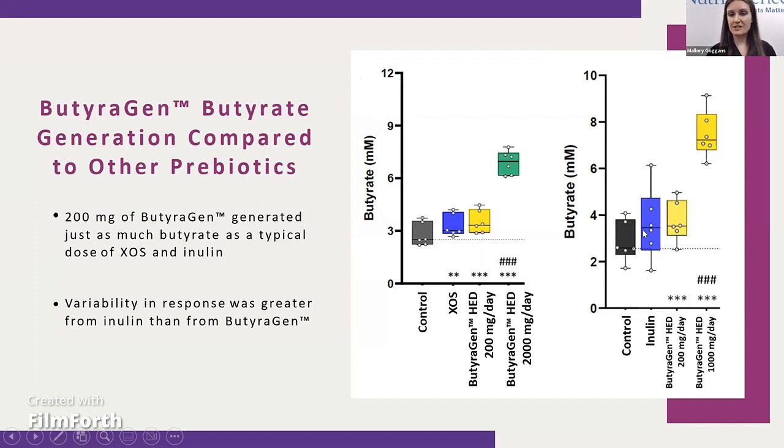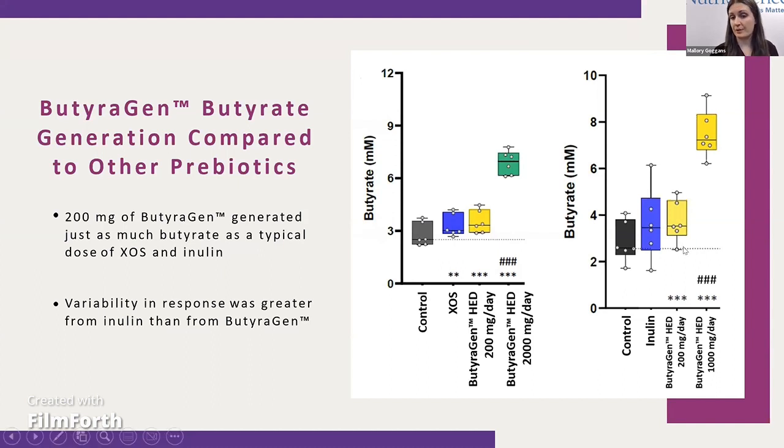Some sort of interesting side observations we saw in these graphs was this box for inulin being so long, indicating that the response in butyrate generation as an output was pretty varied when inulin was fermented. And this is something that is commonly known about inulin. A lot of different people have a lot of different responses to taking inulin.